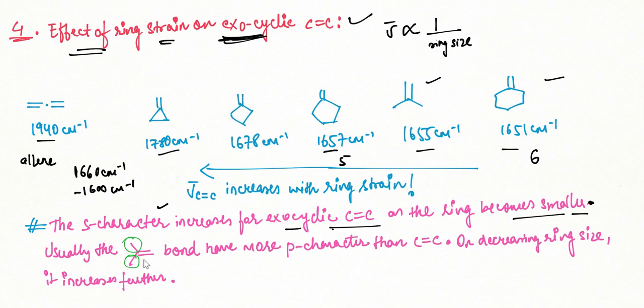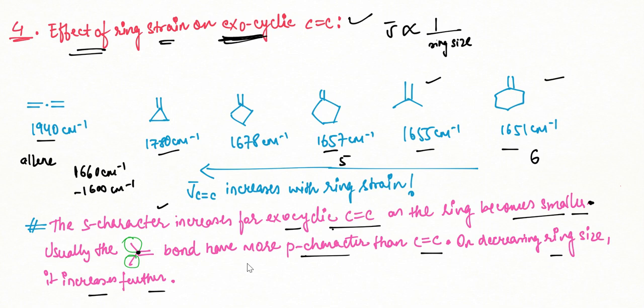So usually these bonds that I have circled in green, which are the bonds on the carbon other than the carbon-carbon double bond, have more P character than the carbon-carbon double bond. And that is why on decreasing the ring size, it increases further.